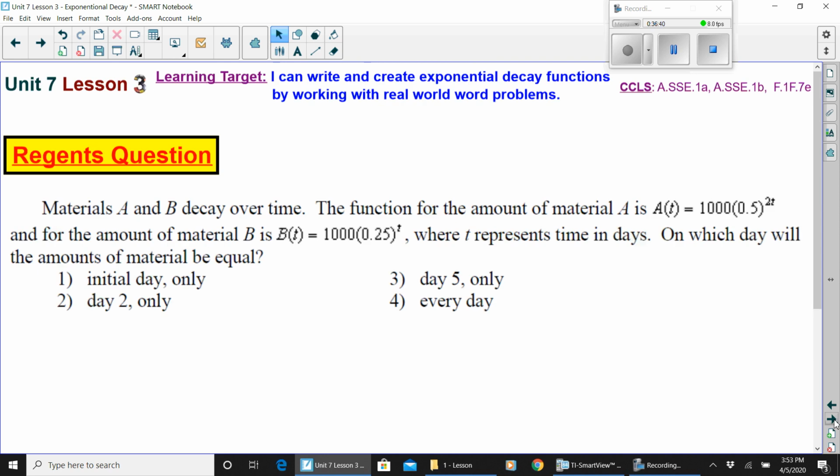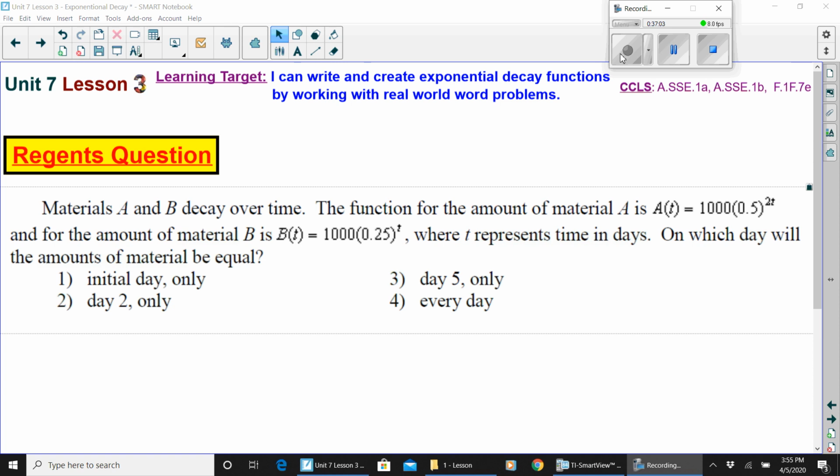All right, try this Regents question. It is a multiple choice question. Go ahead and see if you can do it. Press pause now. So if you're stuck on this question, I am not going to give you a hint, but just go ahead and graph each one of these and see if you could pick out the answer.